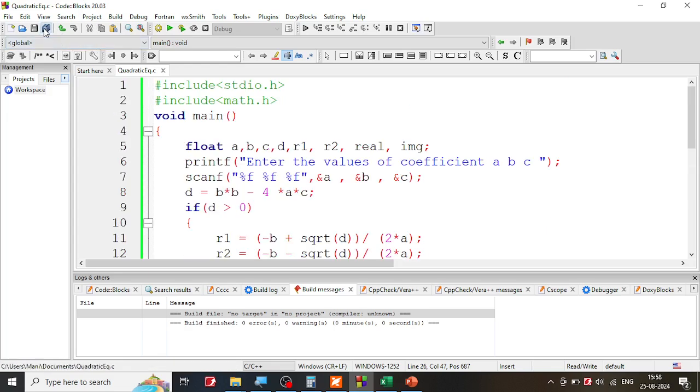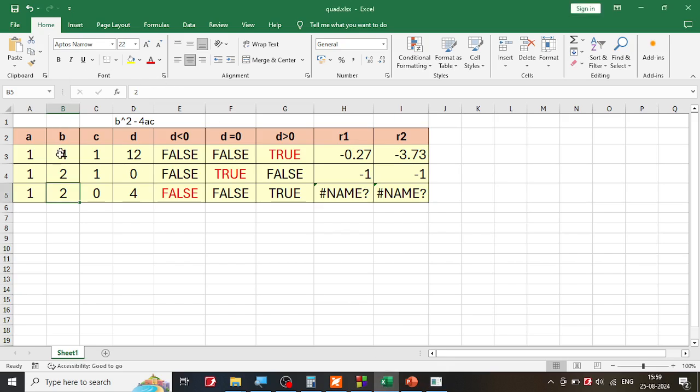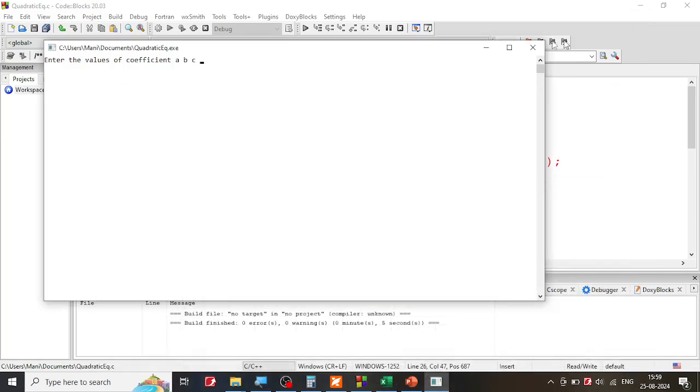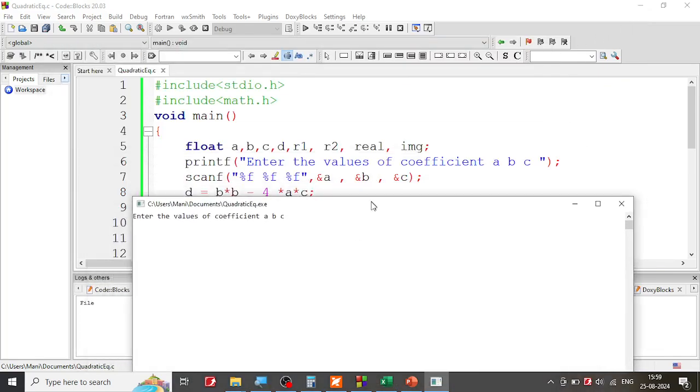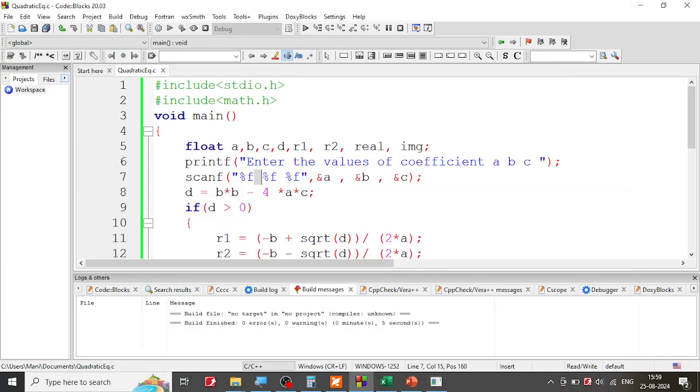Let me save everything, run it and see whether there is an error. If there is no error, let's give the answer. I'm going to give the values I have tried and tested here: 1, 4, 1. Remember how I wrote this? I accept three values, each separated by space.